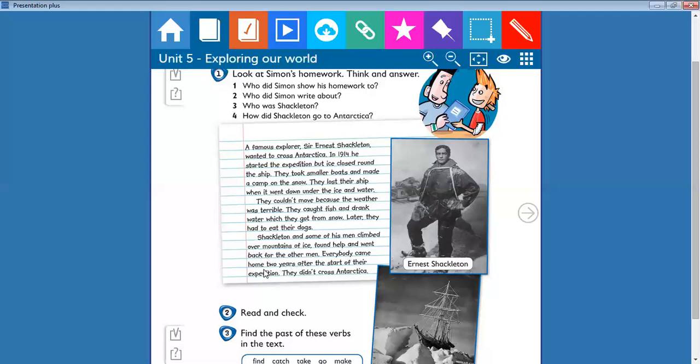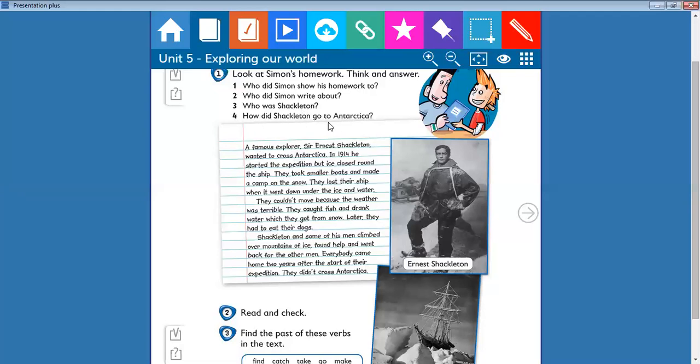Everybody came home 2 years after the start of their expedition. They didn't cross Antarctica. So, really, the homework was about Ernest Shackleton, who was a famous explorer.